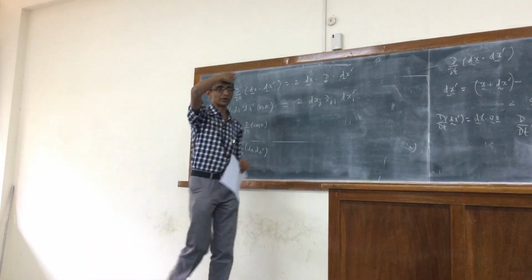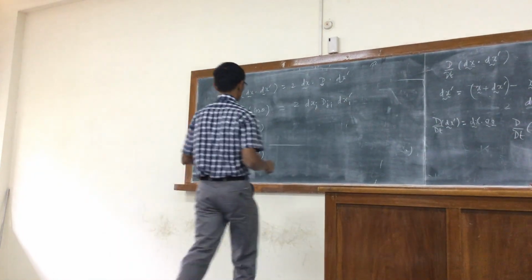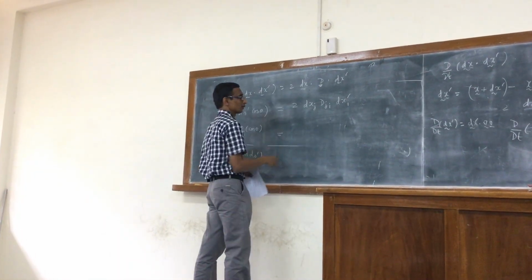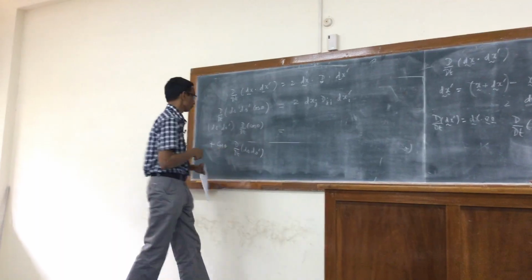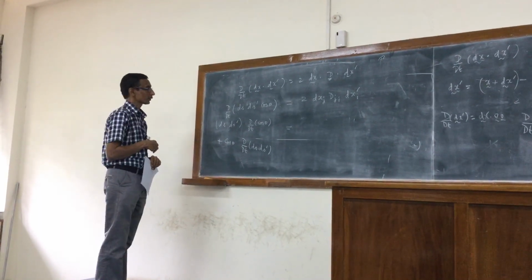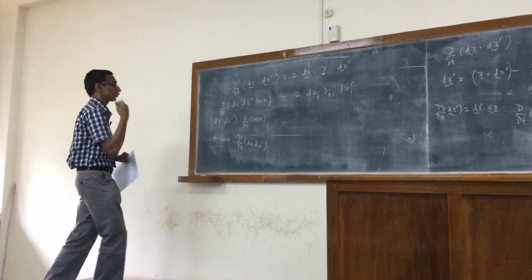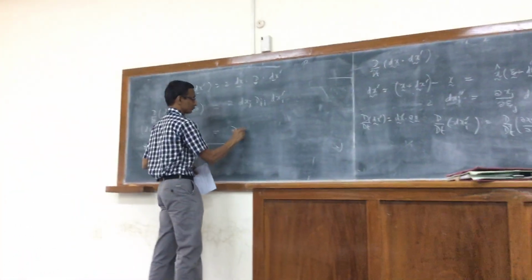I can further simplify, but I am not going to do it because for my purpose I don't have to simplify it further. So this is what it is. Now what I do is divide throughout by ds times ds prime, or I don't even have to do it. Let's leave it like this.